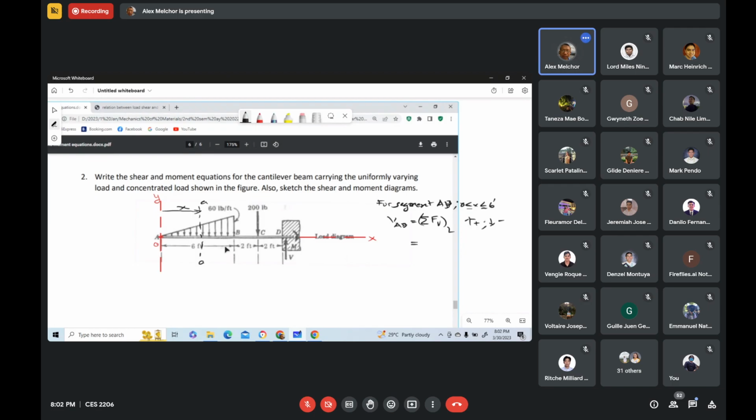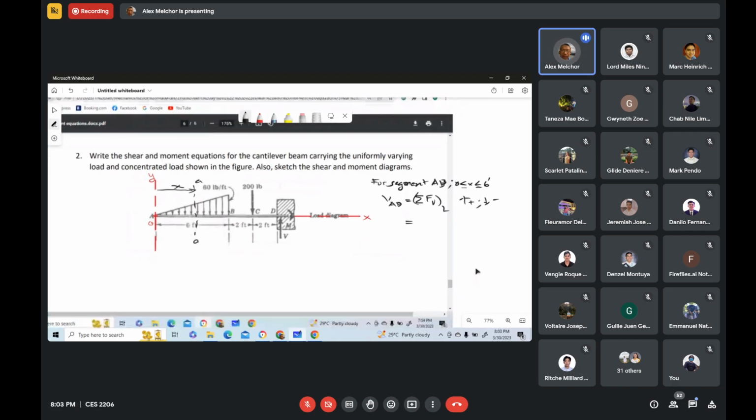If I were you, you get a paper and then you cover the right portion of section AA. Do you have your paper now? Yes or no? You cover the right portion of section AA, so that you will understand.